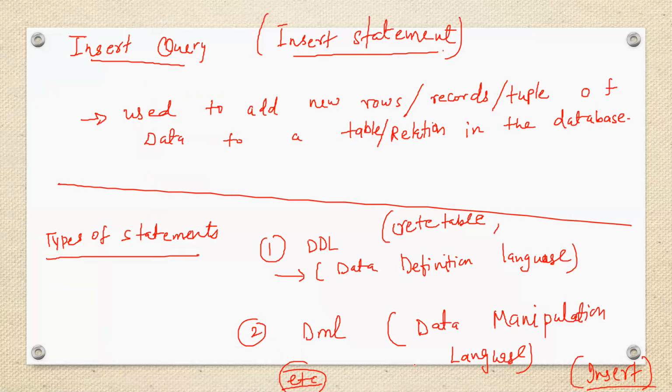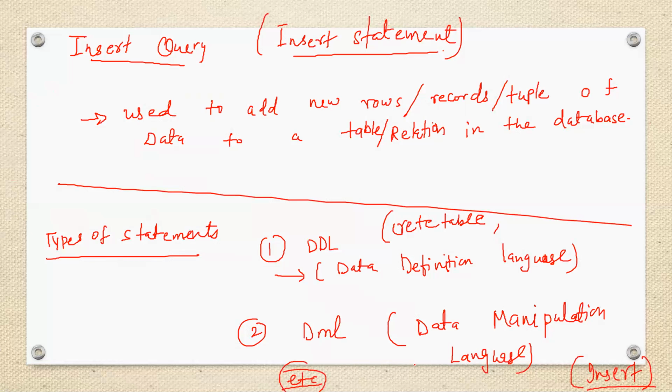Okay. Table with reaction, sorry. Which one? No, I understand everything, but the first line is used to add the raw records of data to the table of tuple and reaction. Relation, not reaction.